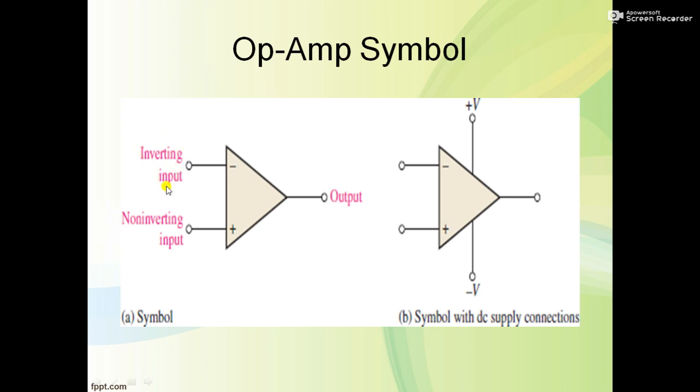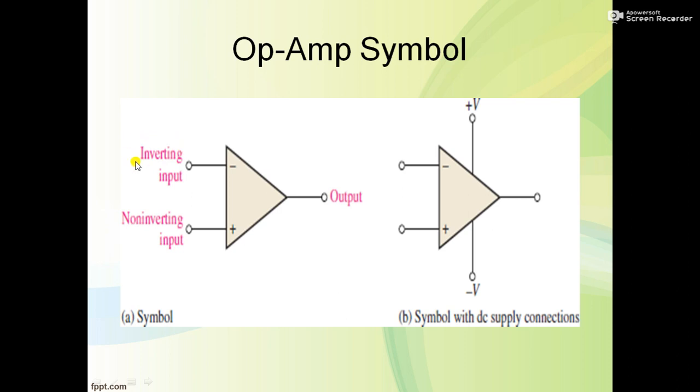Then why is it called an inverting input? For example, if you apply the positive part of the signal, the output will be the negative part of the signal, exactly opposite. If you apply the negative part of the signal, the output will be the positive part of the signal.